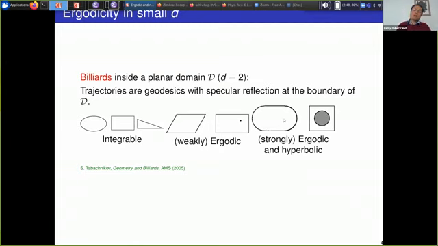This is sometimes called the Bunimovich stadium, and these things with a circular obstacle are called Sinai billiards. What is important also is that in the middle, you can have a whole range of intermediate situations. So for example, rational and irrational polygons and other types of domains with scatterers.